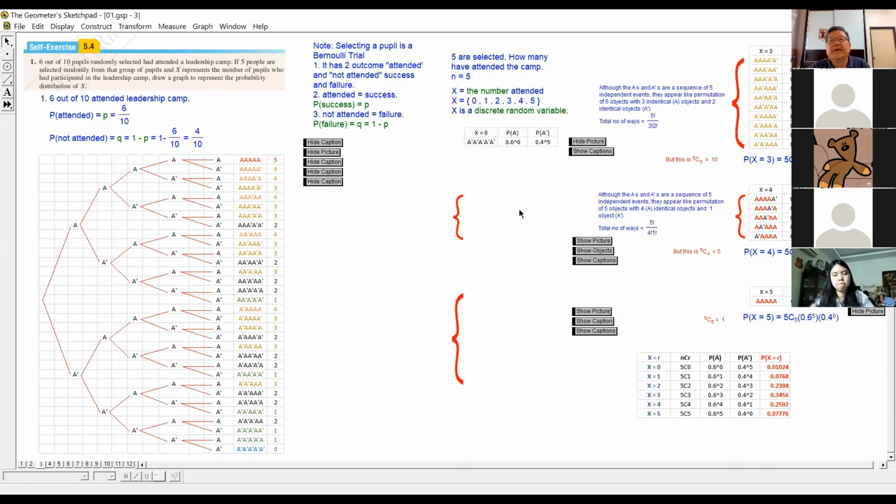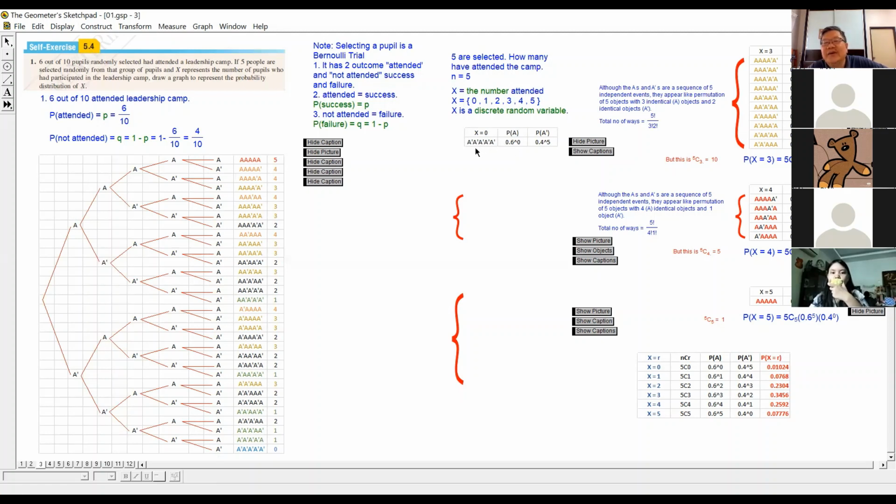Next. I want to find the probability of no one attended. X equals 0, no one attended. Okay. So how many cases are there? X equals 0, only one case. And you remember how to use combination to find this number or not?